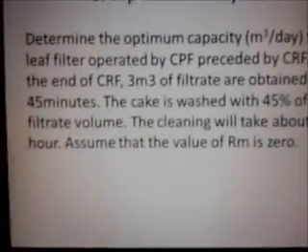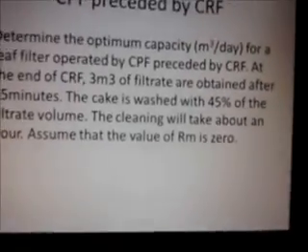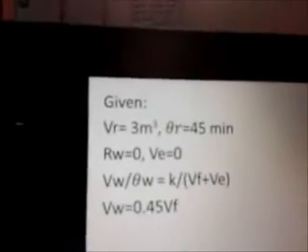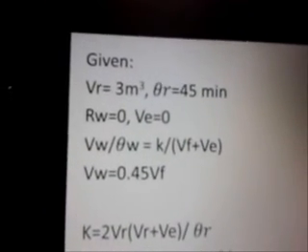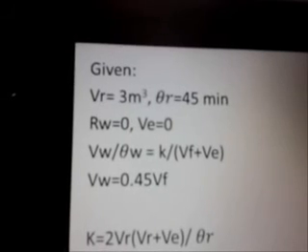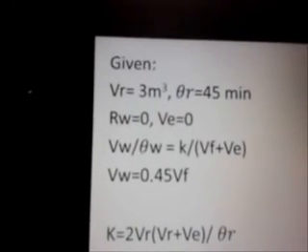The cleaning will take about an hour. So assume that the value of Rm is 0. So these are the given. So Vr is equal to 3 meter cube, theta R is equal to 45 minutes, Rw is equal to 0, V is equal to 0.